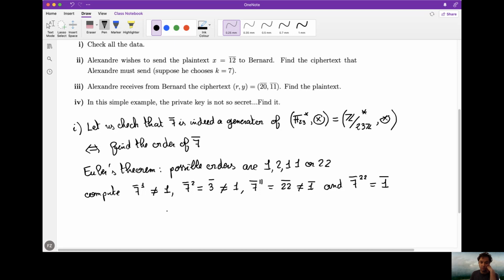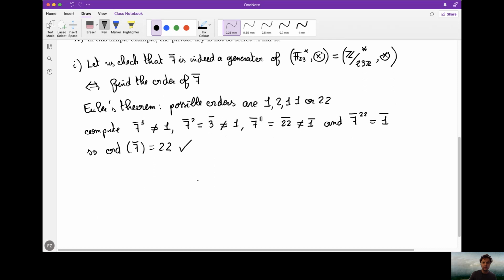Therefore you see that the order of 7 is indeed 22, which is correct. So that means that 7 is a generator of the group. So the public data is correct, the public domain is correct.